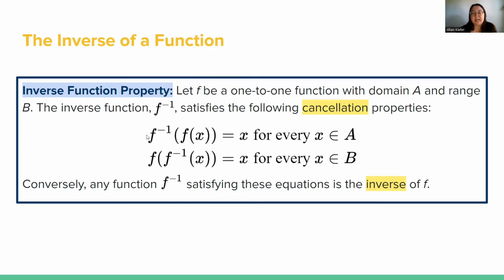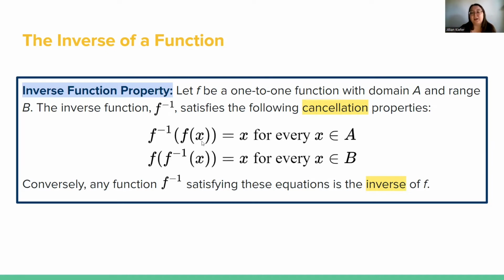We say that if we take the inverse function of the original, f inverse of f of x, this would be equal to x. And we say that it's equal to x because this is going to be equal to whatever's all the way on the inside of all the parentheses. If this said f inverse of f of 3, this would be equal to 3 instead of x.